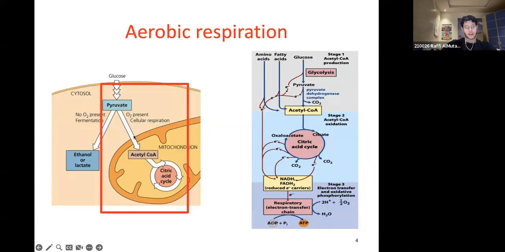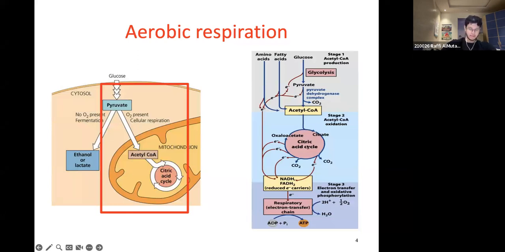Now, in the presence of oxygen, the pyruvate will undergo aerobic respiration, and it will get converted to acetyl-CoA, and this acetyl-CoA will go into the tricarboxylic acid cycle. If there is no oxygen, this will not happen. This pathway will happen instead, where pyruvate becomes lactic acid. So this is anaerobic respiration. But when we talk about TCA, we're talking about aerobic respiration.